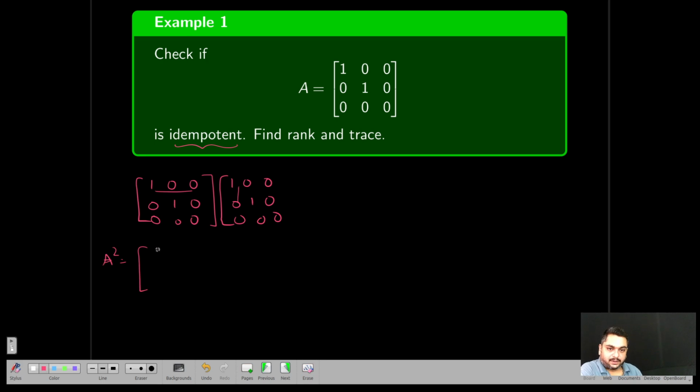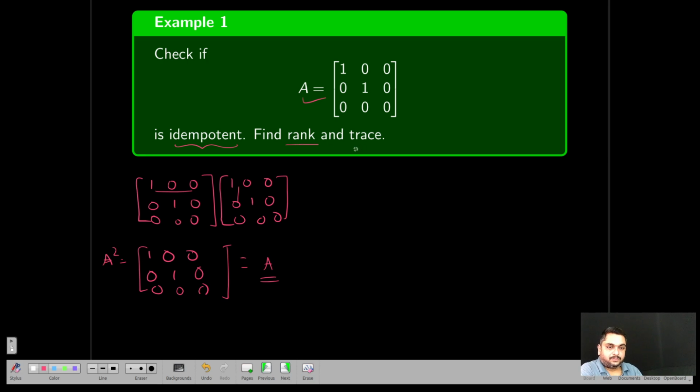By seeing only, you can write the answer: 1 into 1, so it will be 1 plus 0. Then first row, second column is 0. First row, third column is 0. Then I will get 0 here, 0, 1, 0. Then 0, 0, 0. This is nothing but equal to A. Hence, A is an idempotent matrix.